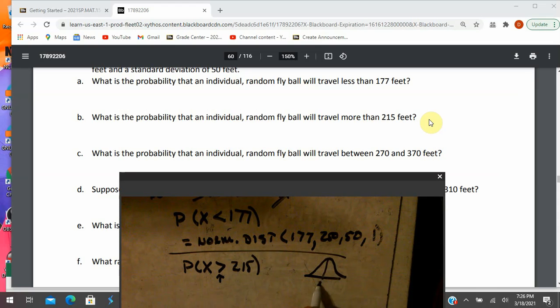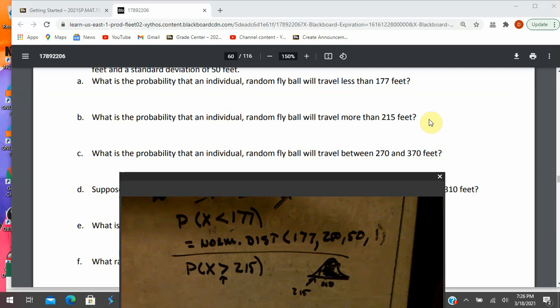250, and 215 would be to the left of that, whatever that is, but I'm just saying here I want that probability, or that area, greater than that. The only thing norm.dist does is to the left. So this is 1 minus, this is what I've got to find. And then use everything as 1.